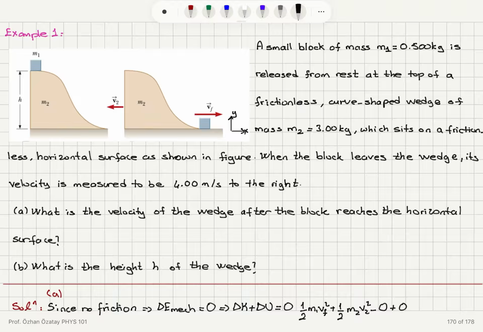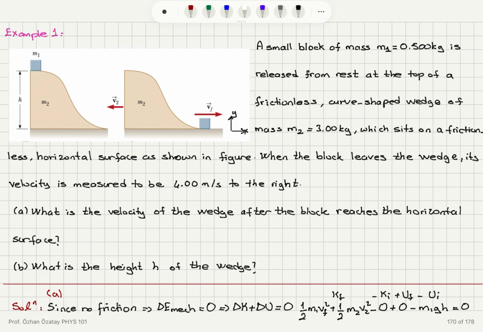Initial potential energy is m1gh. So this must be equal to 0. So this is final kinetic energy minus initial kinetic energy plus final potential energy minus initial potential energy of the system. Okay, so using this mechanical energy conservation, we can write, therefore, the initial potential energy m1gh, you can see I can take this to the right hand side.